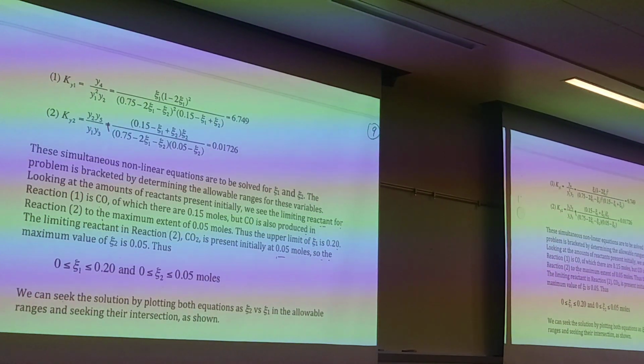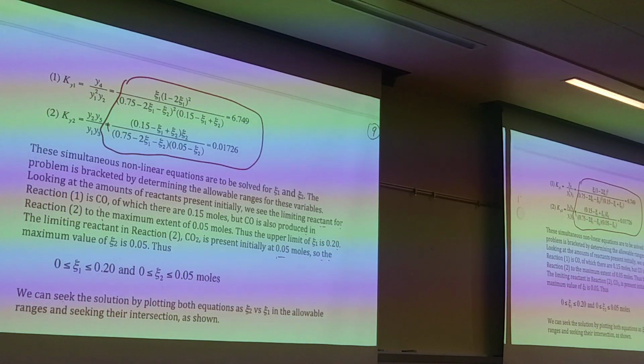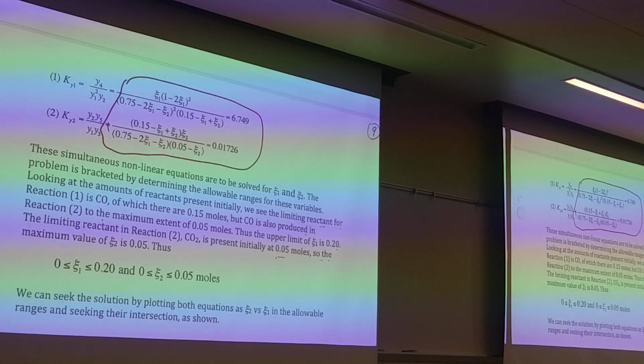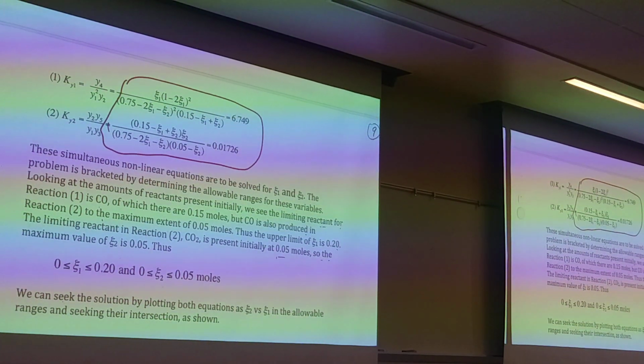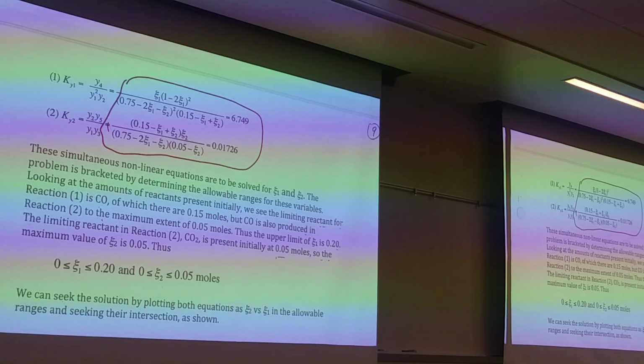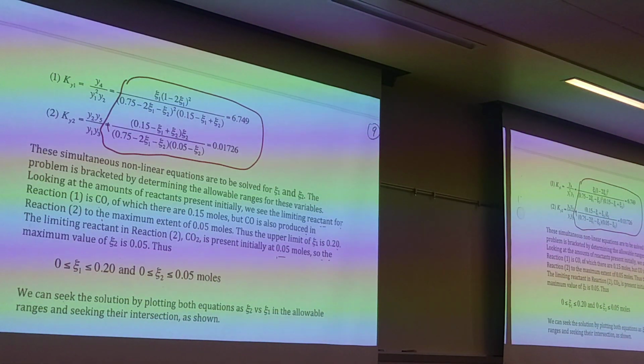And that looks like this. So what I end up with are these two equations to be solved simultaneously for Ψ1 and Ψ2. And once I get that, then I can go back and solve for any and all of the mole fractions. And here's a case where it really would be wise to look at the limiting reactants for each reaction and confine your search for this common intersection between these curves in the allowable range.